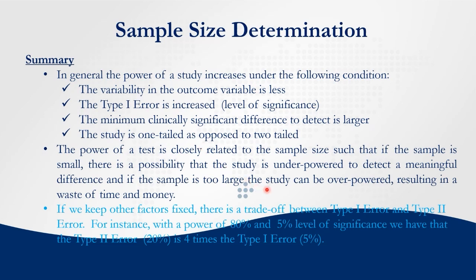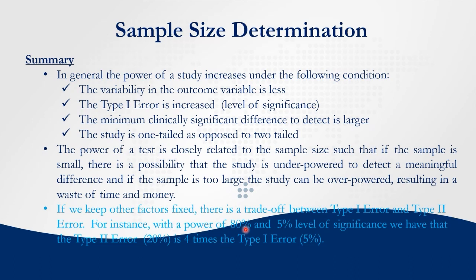Power is also related to our sample size. If the study is underpowered, we might not be able to detect meaningful differences. And if it's too large, the study can also be overpowered. There is a trade-off between type 1 and type 2 error if we keep other things fixed.